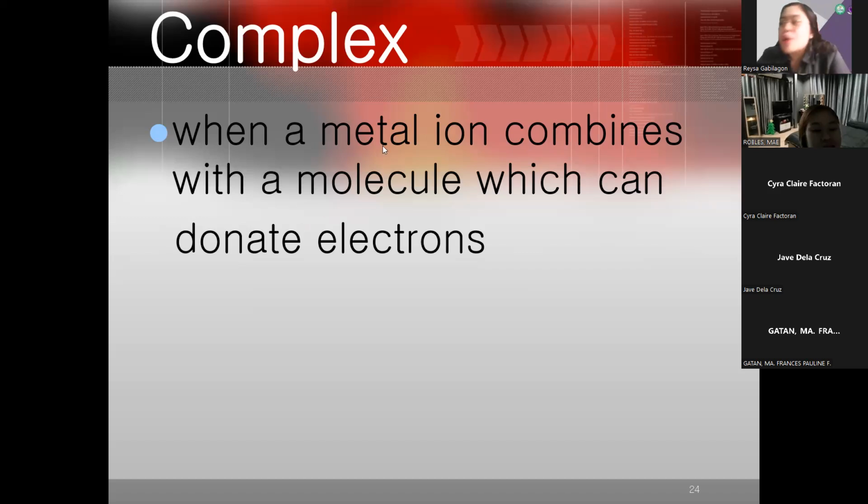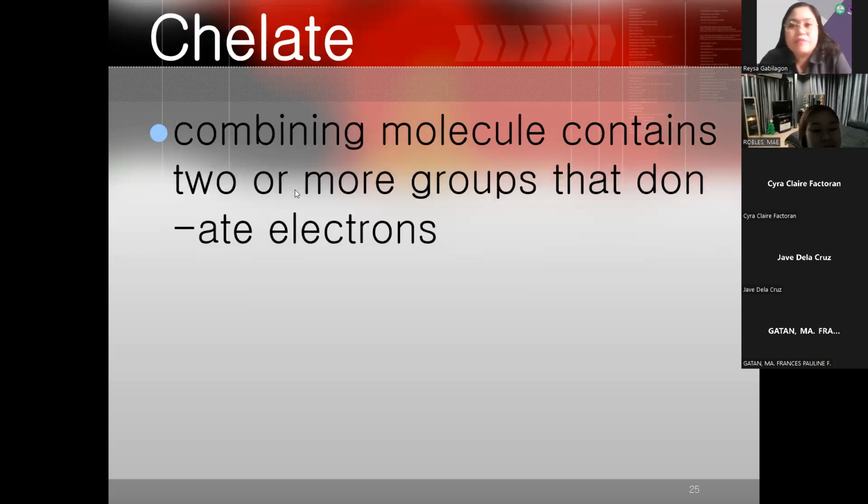So if we want to analyze metals, we want to quantify them in a specific sample, then we can use the complexation method. Okay, now I said a while ago that EDTA is a chelating agent. So what is a chelate? A chelate is a combining molecule which contains 2 or more groups na magdo-donate ng electron.